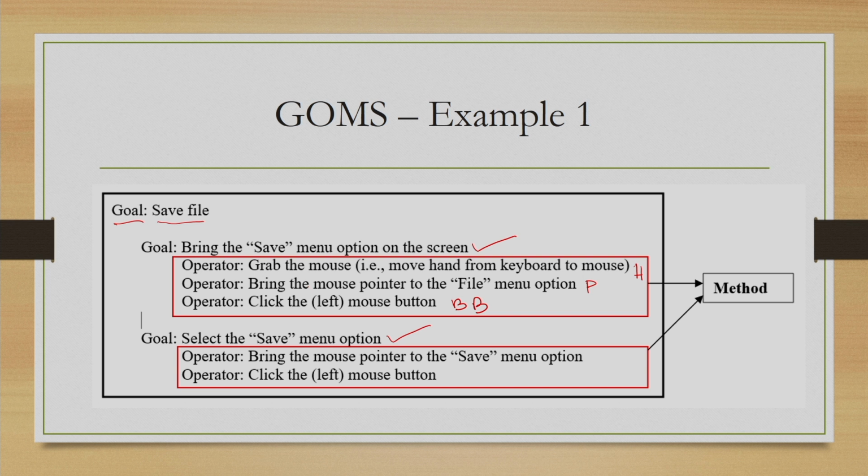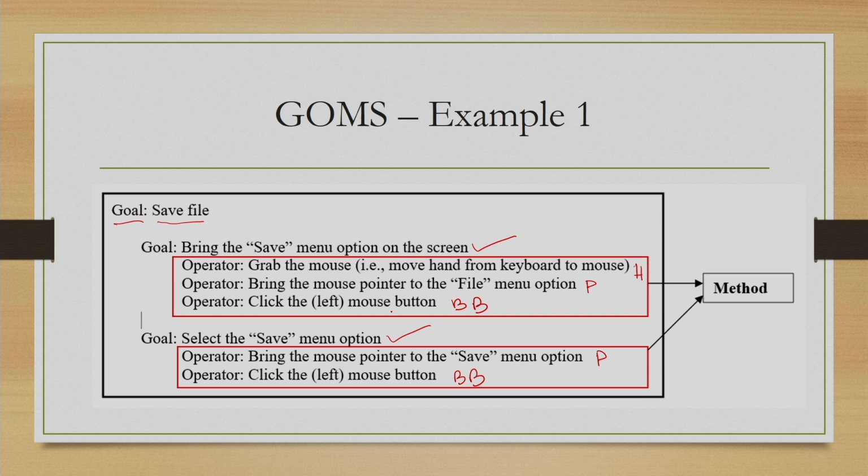These are keystroke level operators. Similarly, under the sub goal select the save menu option, we can use the operator P, which refers to bring the mouse pointer to the save menu option, and the operator BB, which again refers to click the left mouse button.